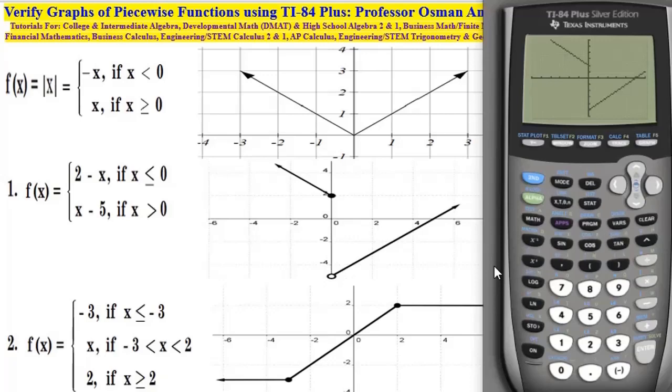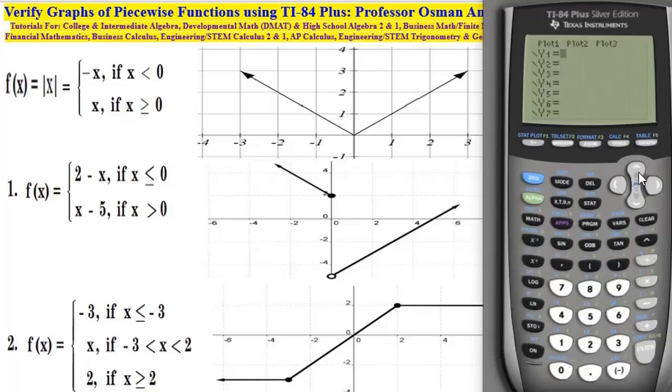Here we have a piecewise function f. It is negative 3 for x less than minus 3, positive constant 2 for x greater than 2, and between minus 3 and 2 it is a linear function x.